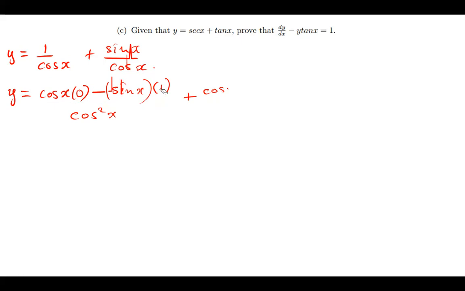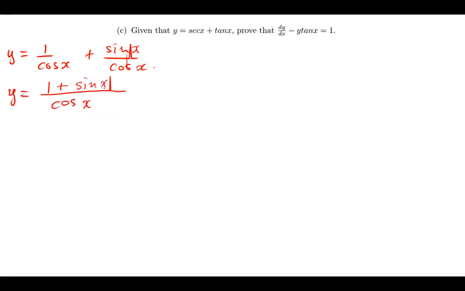So we have y is equal to, the common denominator is simply cos x. So cos x into cos x, the answer is 1. 1 times 1, we get 1. Then we have plus cos x into cos x, the answer is 1. 1 times sine x will give us sine x there. So we have 1 plus sine x there.